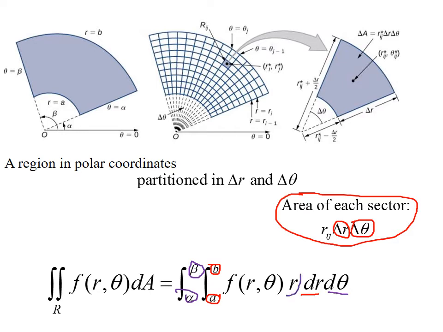Notice, however, the significant part of this is there's an r that appears in this formula. When we set up regions in polar coordinates to do double integrals, there is this r that appears as part of the theory in the double integrals.